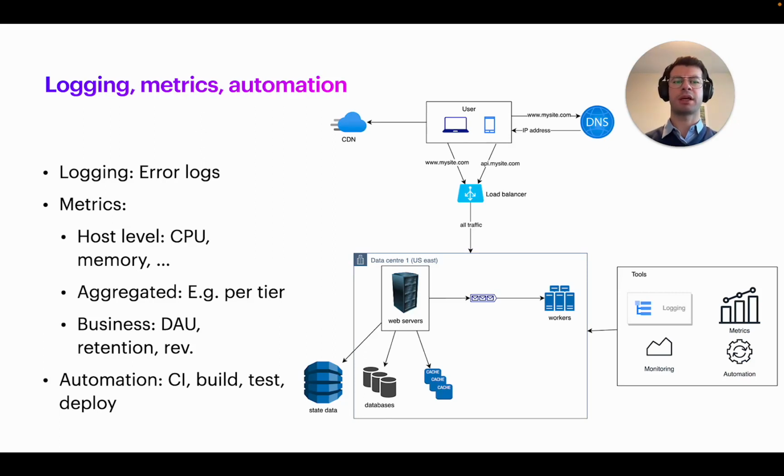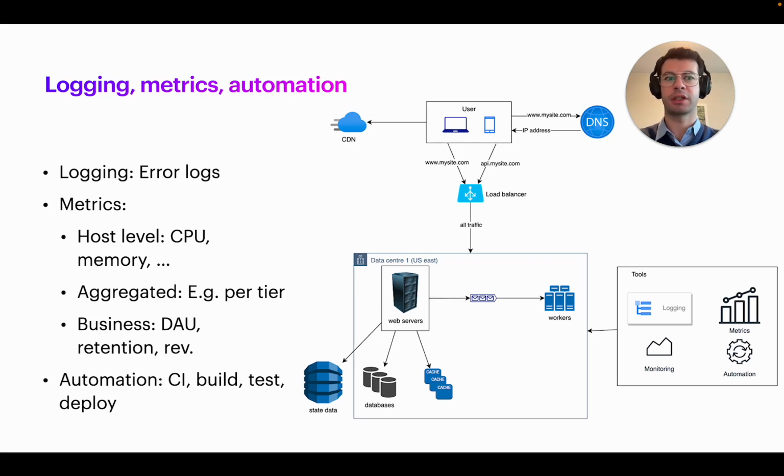Since we're on the topic, let's talk about automation as well. When a system gets big and complex, we need to build or leverage automation tools to improve productivity. That becomes a huge issue in large-scale companies, right? Because you have thousands of engineers, and if every engineer spends half an hour on a repetitive task on a daily basis, that's 1,000 times 30 minutes, about 500 hours in a day, right?